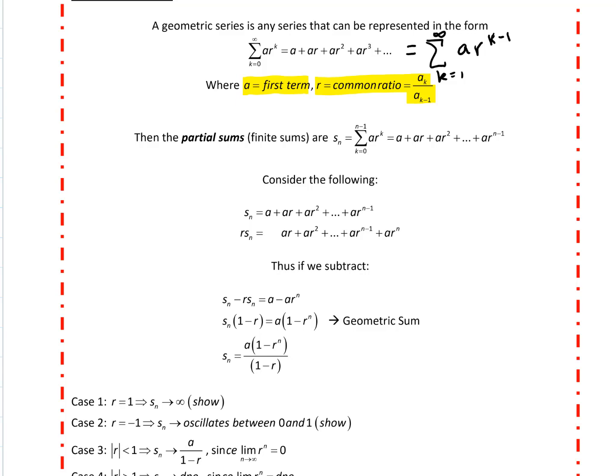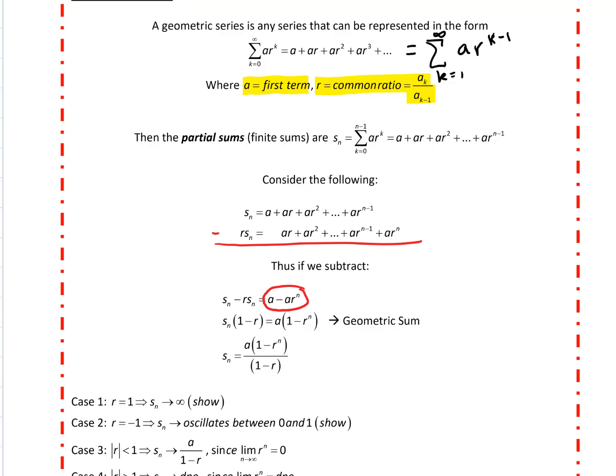And if I subtract those two lines, notice what happens. All of the terms except for a and a times r to the nth cancel out, and I have the difference of the two: s sub n minus r times s sub n is equal to a minus a times r to the nth power.